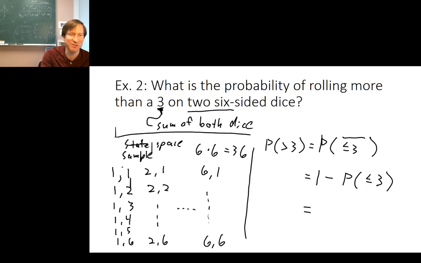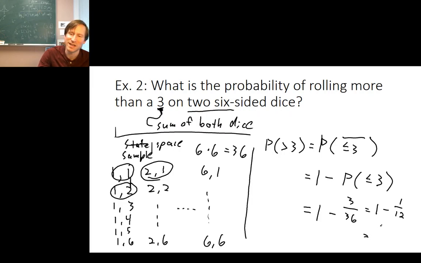In fact, we can count them up. There's 1, 1, 1, 2, and 2, 1. So there's only 3 of them. So 1 minus 3 over 36. That's 1 minus 1 over 12, which is 11 over 12. You can see switching to the complement saved us a lot of work on this one.